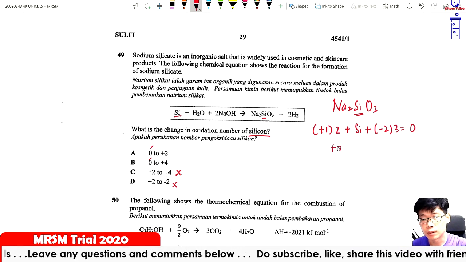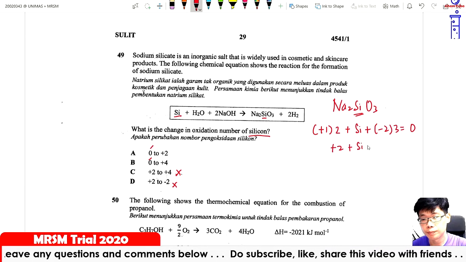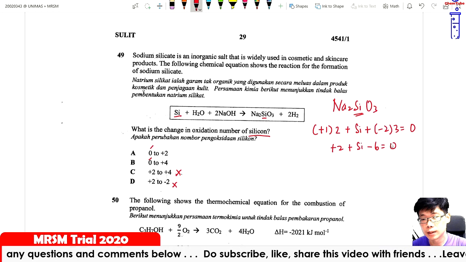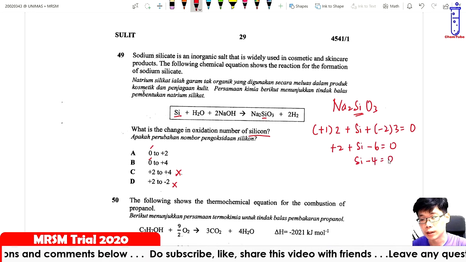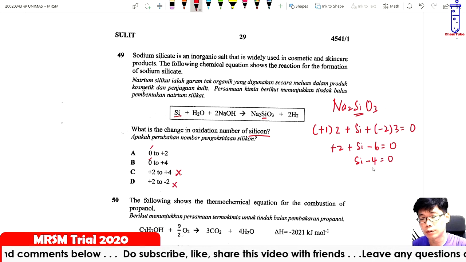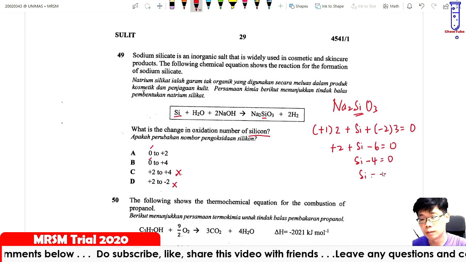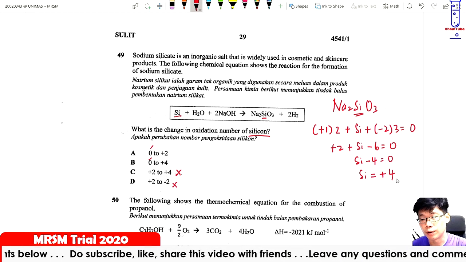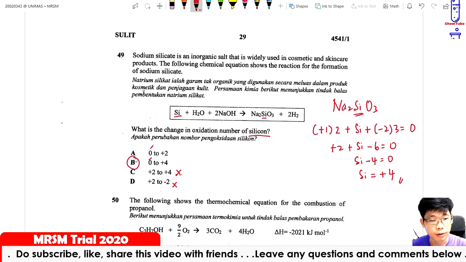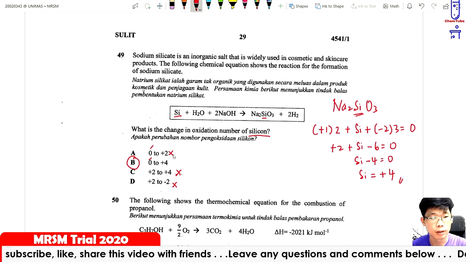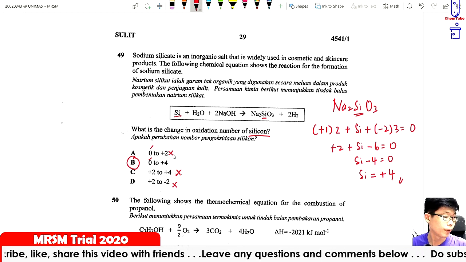So plus 2, minus 6, so silicon is minus 4 plus... so we shift the minus 4 to the other side, so it becomes plus 4. So it changes from 0 to plus 4. B is the answer, not A.